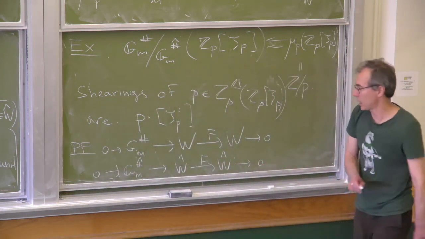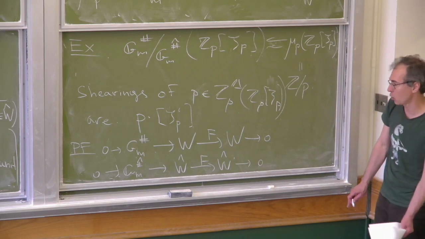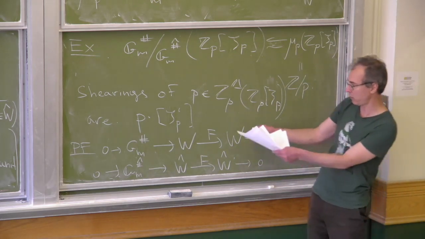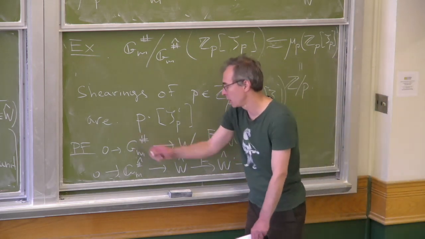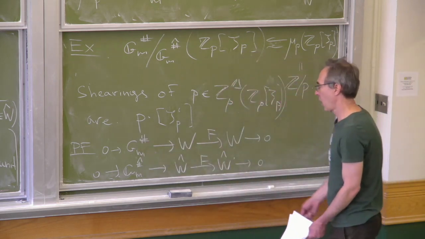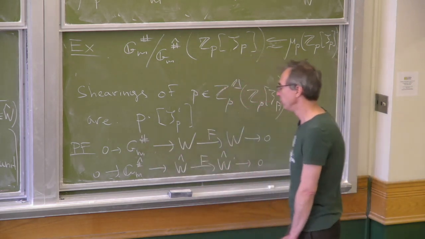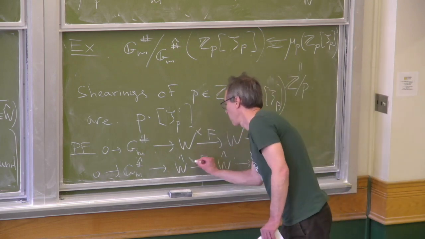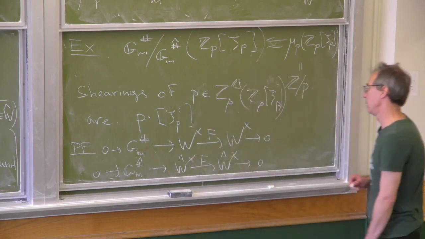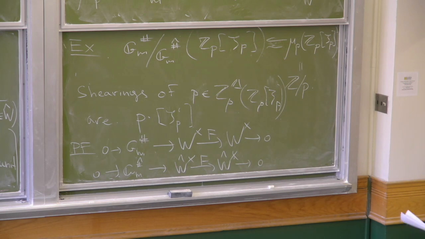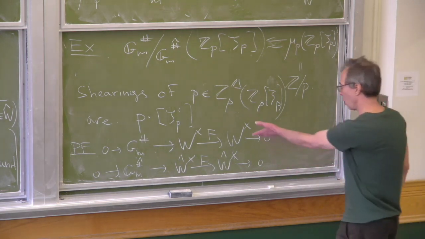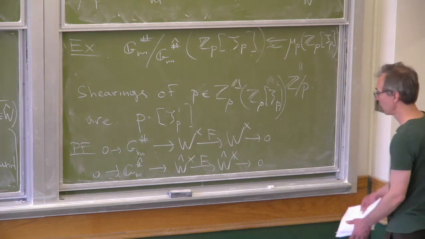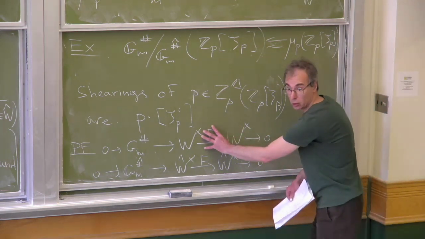So for instance, the set of isomorphism classes, or even the group of isomorphism classes of torsors under G_m sharp over any local ring, over the spectrum of a local ring, is the cokernel of this map.